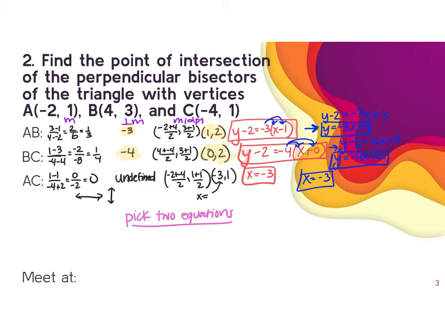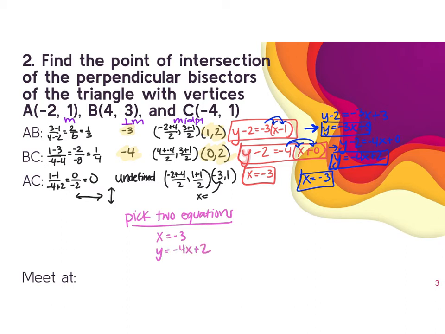So I'm going to choose x equals -3 to be one of them. Since I already know that that is the x value, then what I'm going to do is substitute that x value back in to one of the other 2 equations to solve for y. You can pick whatever other equation makes you happy. I'm going to choose y equals -4x plus 2.